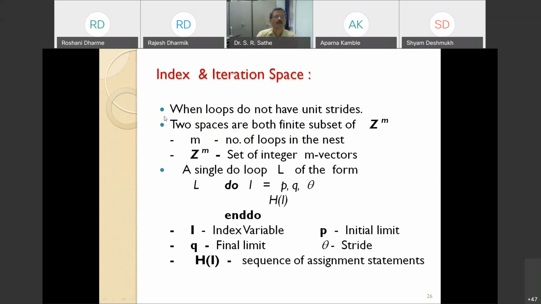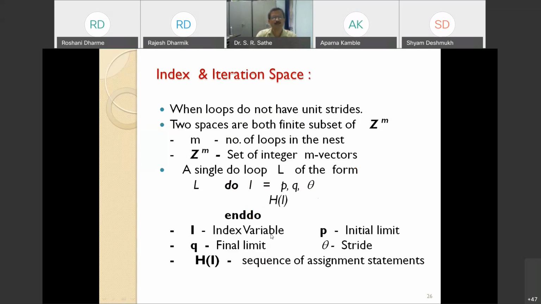When loops do not have unit strides, the two spaces are both finite subsets of Z to the power n. n is the number of loops in the nest, and Z to the power n is the set of integer n-tuples. Consider a single do loop L of the form L: I = p, q, theta.